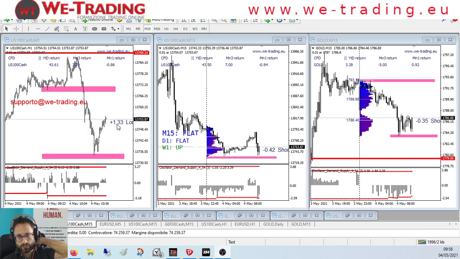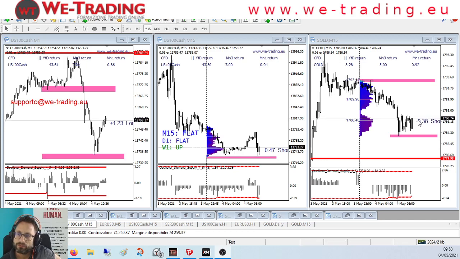And I remind you that this number moves over time, and it depends on volatility. So at a certain moment it will move very slowly, and at other moments it will move very fast. It depends on the market setup.